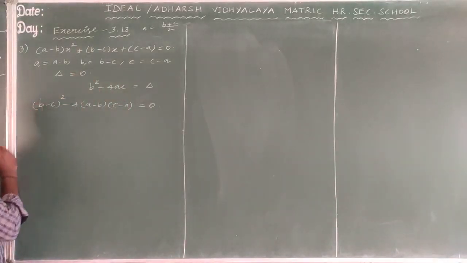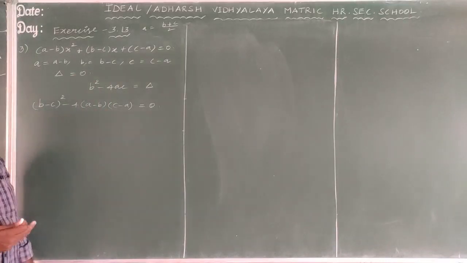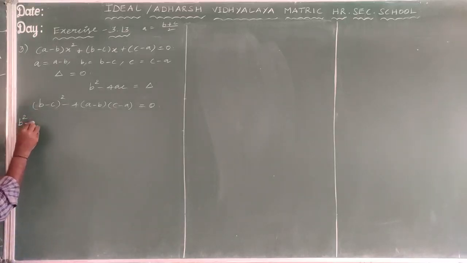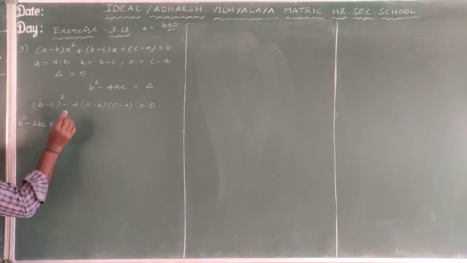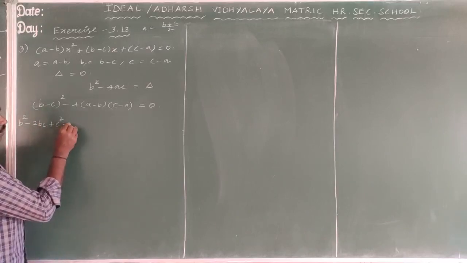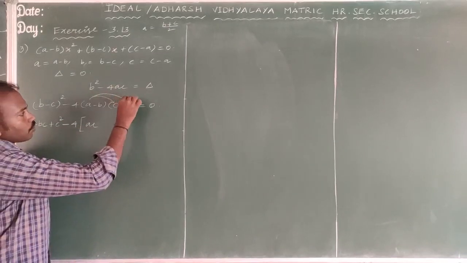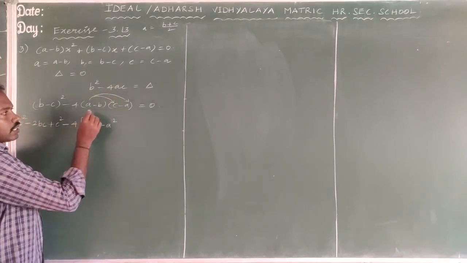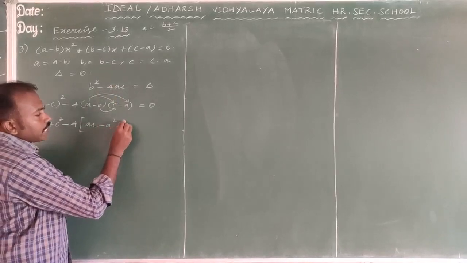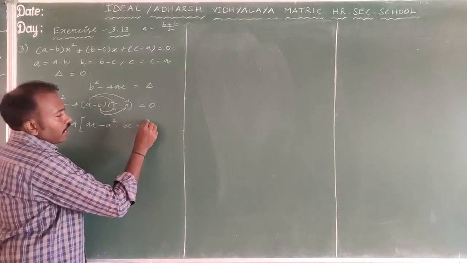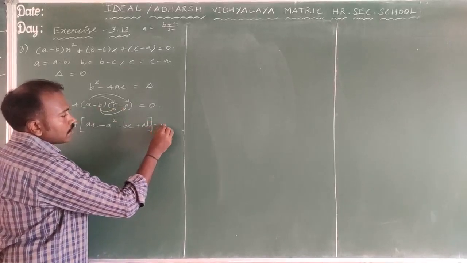Then a minus b the whole square is equal to a square minus 2ab plus b square. So b square minus 2bc plus c square, minus 4 into a into c, ac, then a into minus a square, then minus b into c minus bc, minus into minus plus ab, is equal to 0.